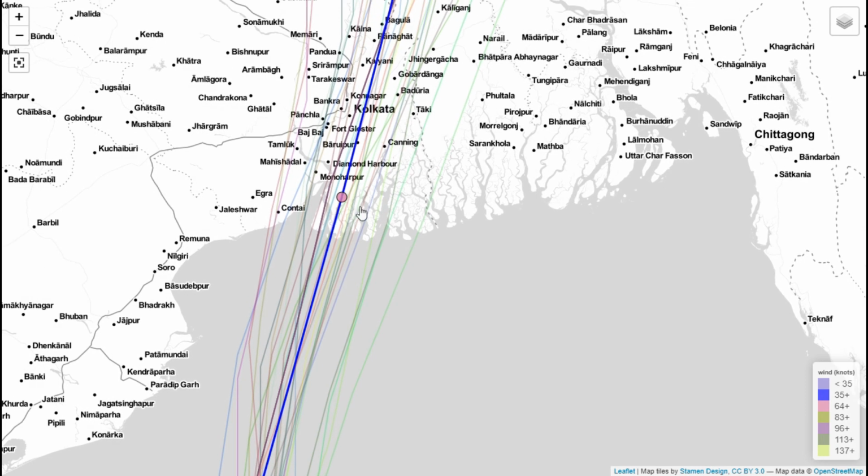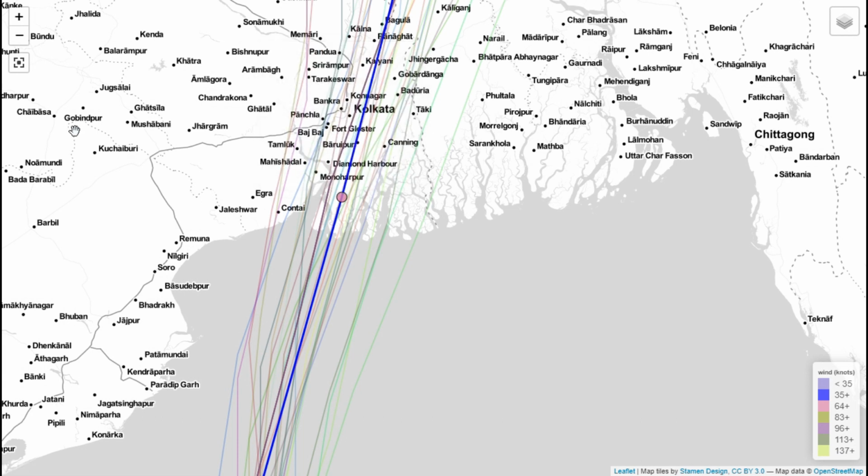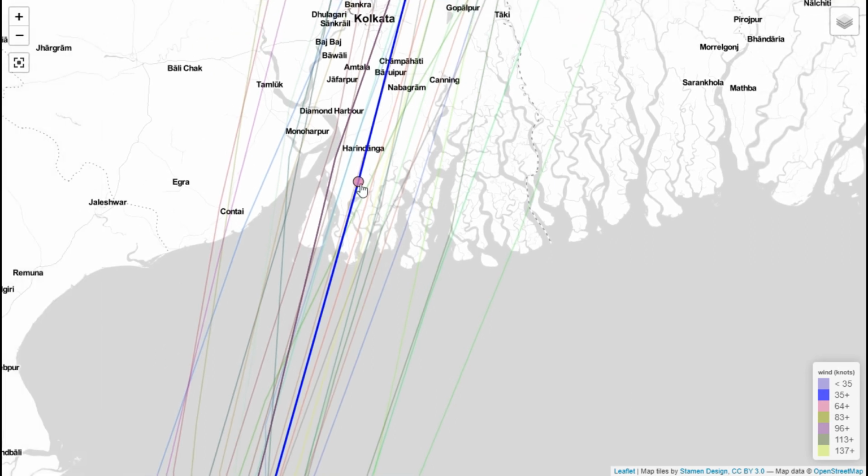This particular point is on the Indian mainland, in the Sundarbans in the state of West Bengal. After reaching the mainland, the speed of the super cyclone will decrease to 81 miles per hour. Still it is dangerous.